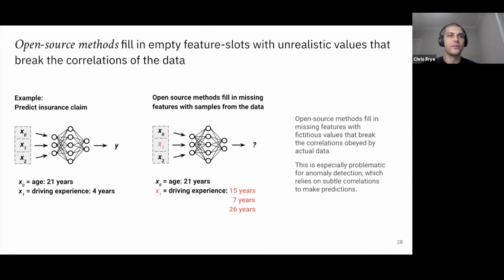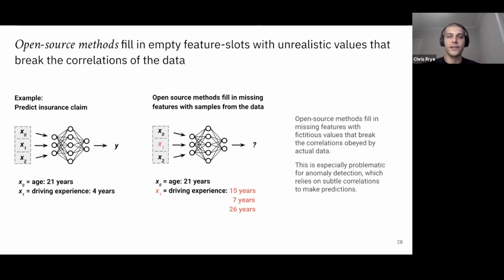When the x1 slot is empty, open source explainability methods like SHAP will compute the average model output by filling in fictitious values of x1 that it randomly draws from the data set. For example, for this 21-year-old, it might draw 3 other members from the data set to fill in this value of x1. And those 3 values might be 15 years of driving experience, or 7 years of driving experience, or 26 years.